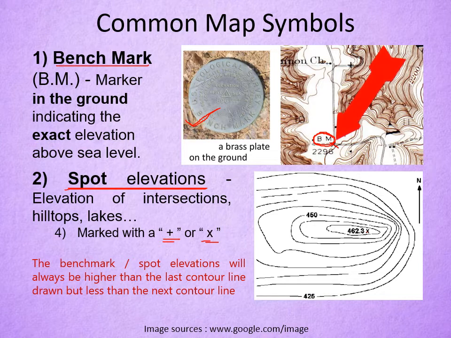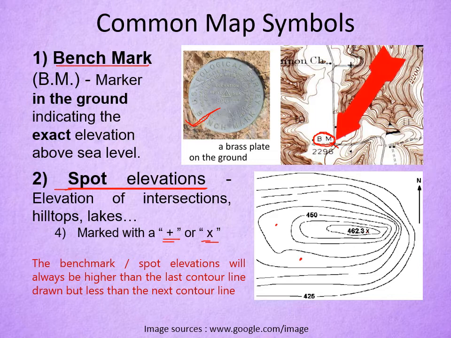Now the difference between spot elevation and benchmark is something special. Spot elevations can be of any point over the earth surface. It may be the top of a hill, it may be this point, it may be this point. So any point in an area, if the elevation is written, it is a spot elevation. But benchmarks are something special.